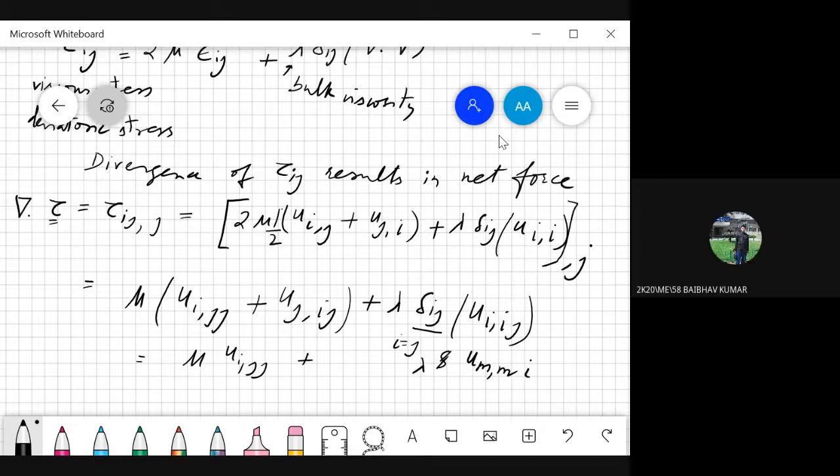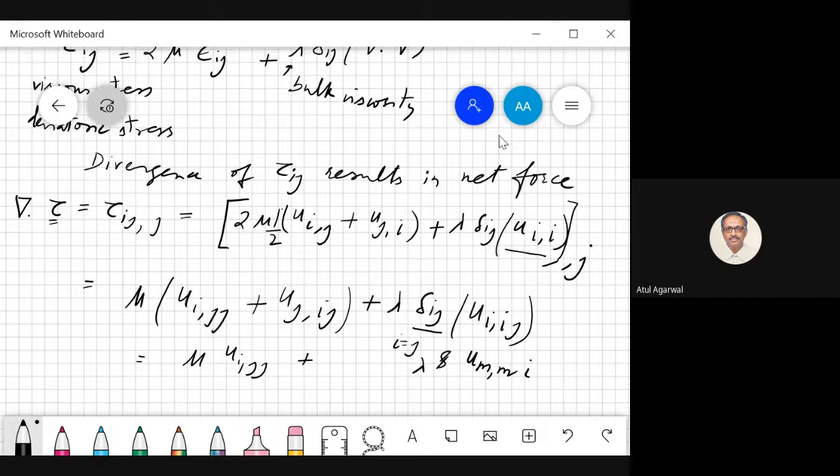Can you explain this again, sir? I couldn't get how the m replacement is the same as i. Look, it is a dummy index, so it can have any name. Instead of i I call it m. This was divergence of velocity.